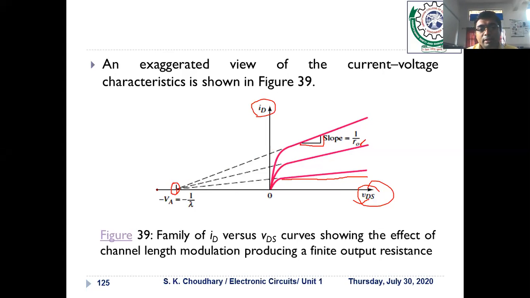This axis is the VDS axis, but here it is to the left hand side of 0, so it is the minus VDS axis. All the curves, when extrapolated, meet at a common point, that is called minus VA. Because actually VA is a positive quantity, but VDS is negative.